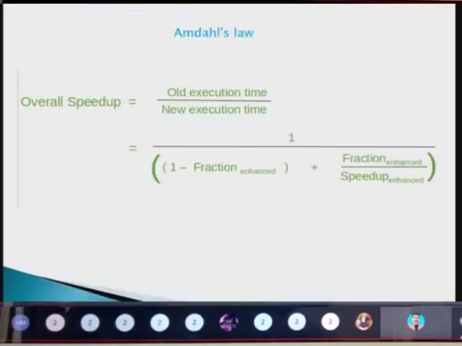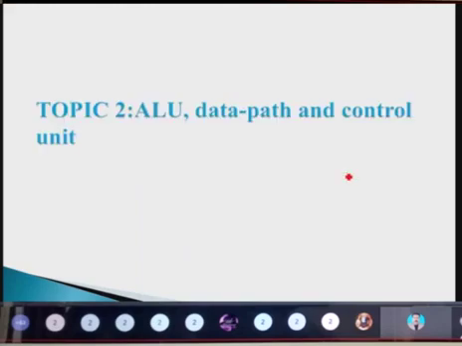And these are the generations of computers. And Amdahl's law: the overall speedup equals the old execution time by new execution time, that is 1 by (1 minus fraction enhanced) plus fraction enhanced by speedup enhanced. So this is the formula for Amdahl's law.